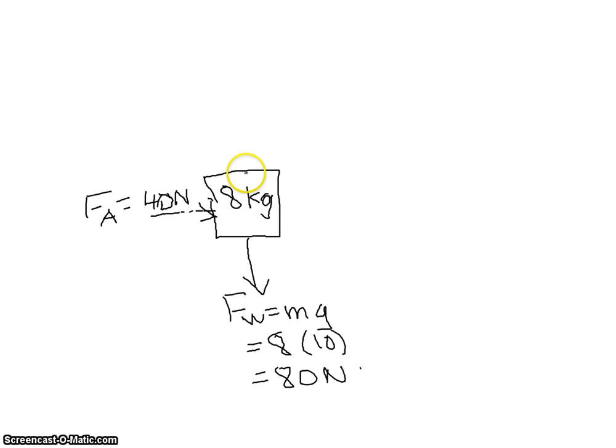And because this object is not moving vertically, we know that the normal force, and that N does not represent newtons, it represents normal force, the normal force is equal to the weight force, which means it also is equal to 80 newtons.